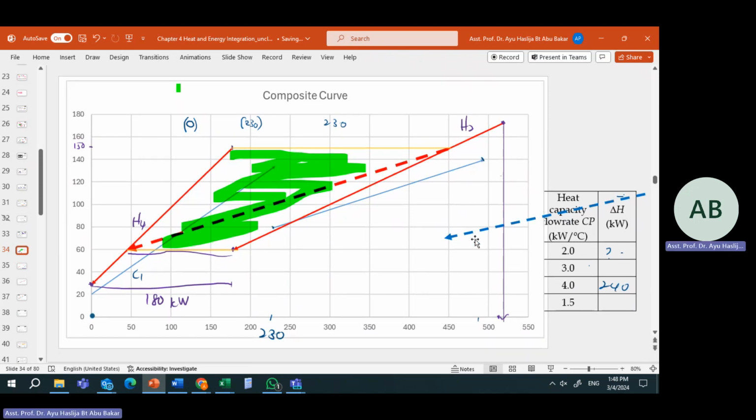Now we find the overlap area. Overlap area. Wait, let me copy. Easier for you to see. I delete the hot stream first for you to see the cold stream. Now, this is the overlap area.